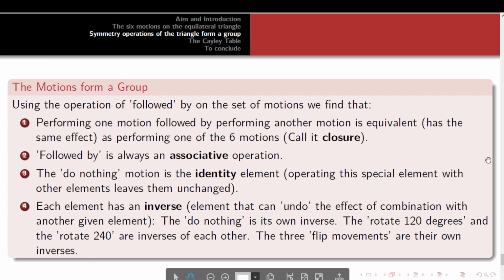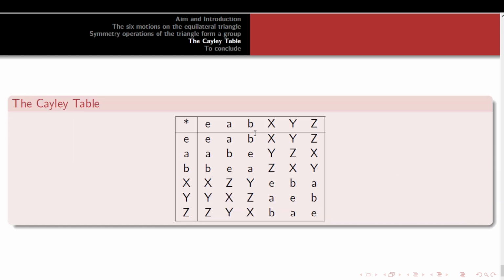The three flip movements are their own inverses. Doing the flip twice, you get the original equilateral triangle. So these four properties you get from the set of motions using the operation followed by are the criteria for forming an algebraic structure called a group.